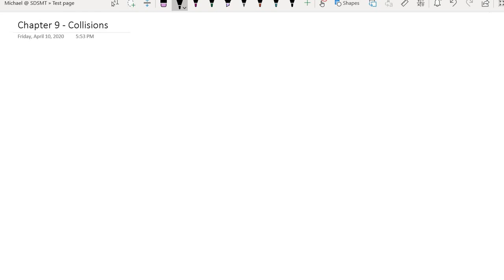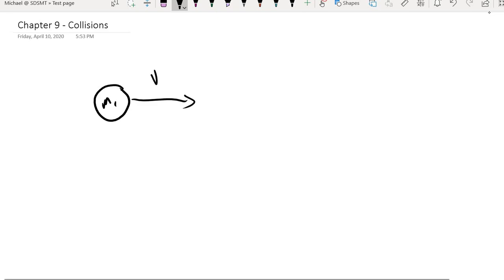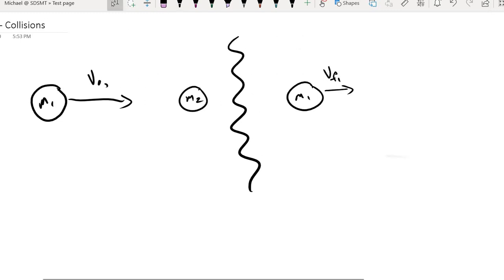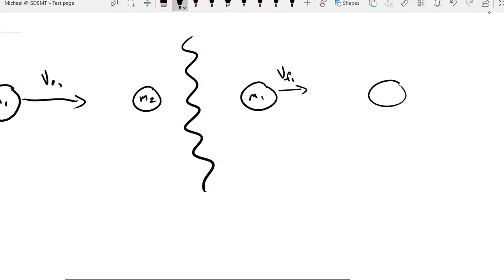And we've already seen a couple of examples in the previous video where we had some billiard balls that would collide. So if we had mass 1 and mass 2 collide, after the collision, mass 1 and mass 2 would then have some final velocities associated with them.